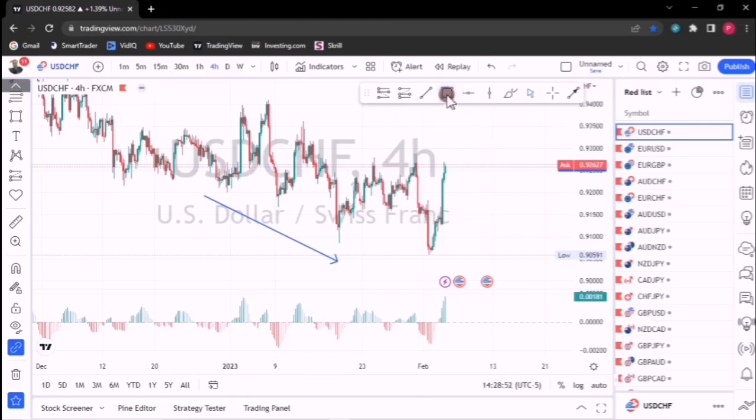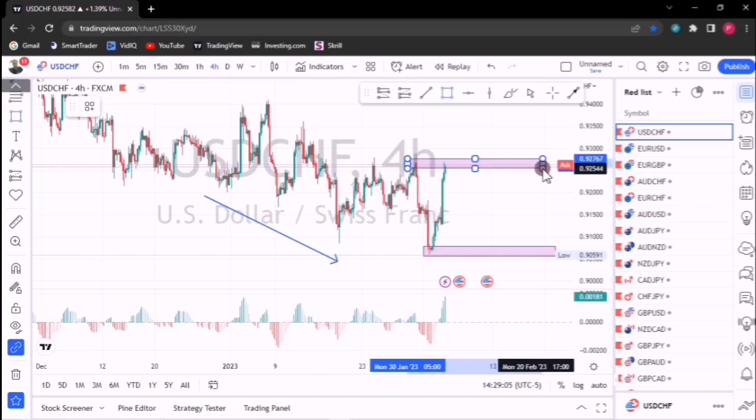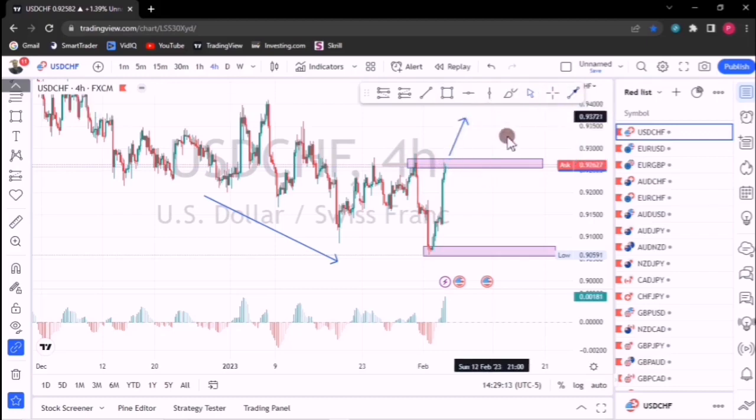So right here, I mark the lowest point of the market, and then I mark the previous highest point, which is this. Now, if price closes above this level, I expect it to go bullish.